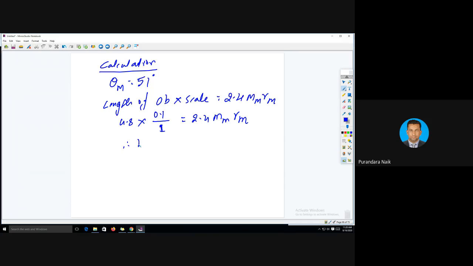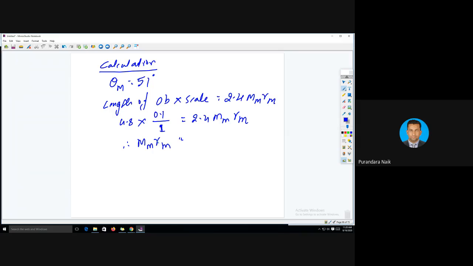Therefore, since both are unknown, RM is equal to 4.8 into 0.1 divided by 2.4.